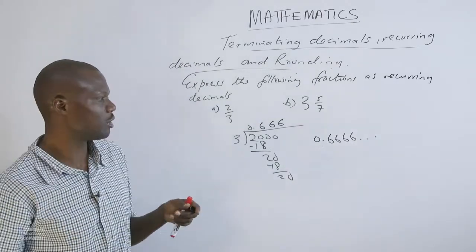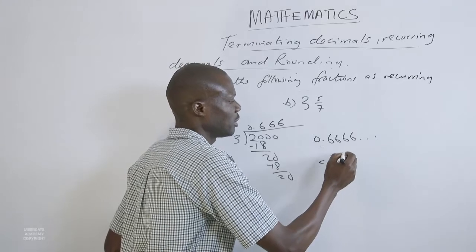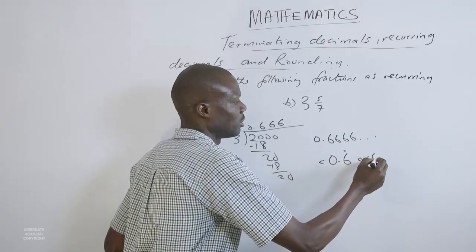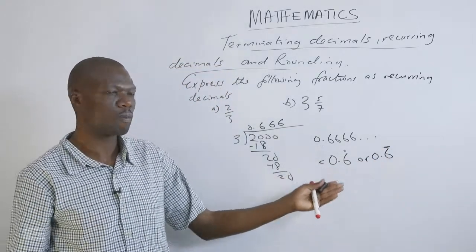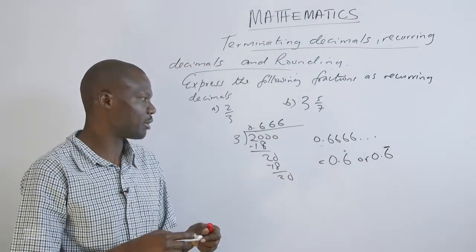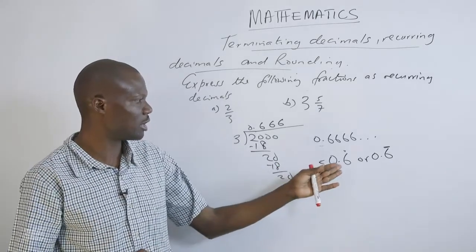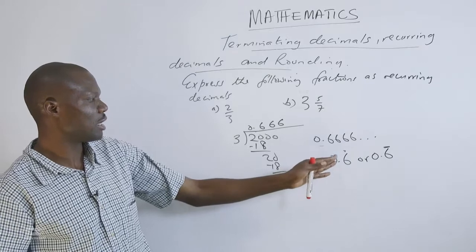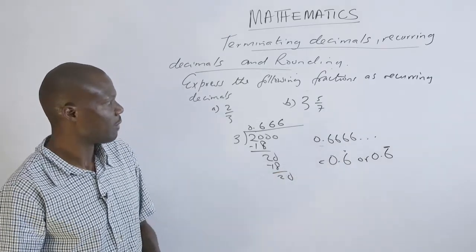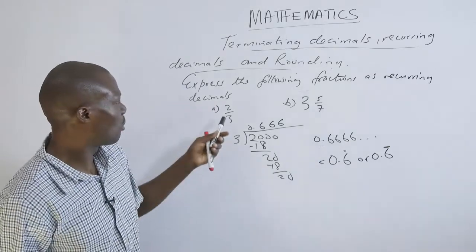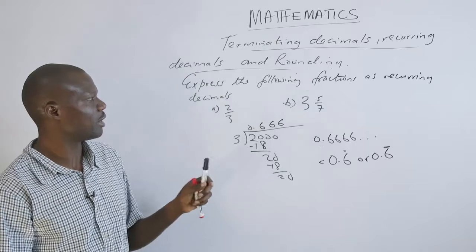By convention, we can say this is the same as 0.6 with a dot, or 0.6 with a bar. You can use a dot, or you can use a bar to show the start and end of the recurring digit, which is 6 for this particular case. So that is when you convert 2/3 into a recurring decimal.